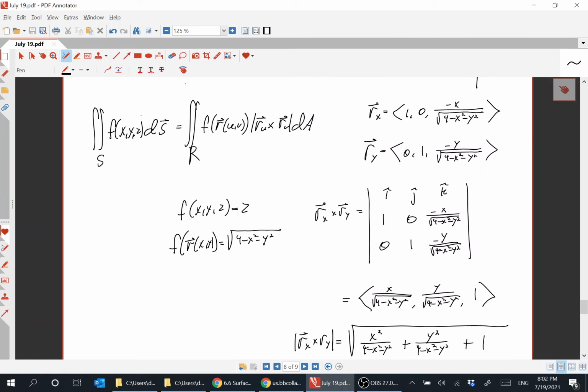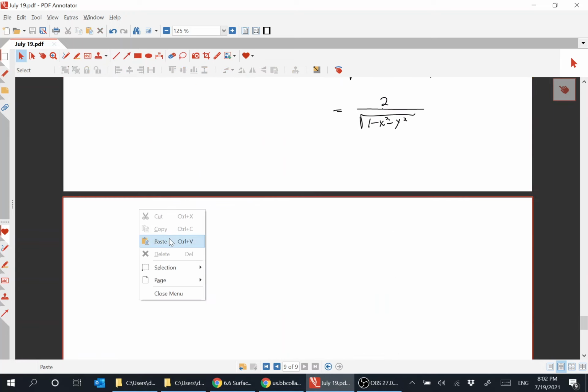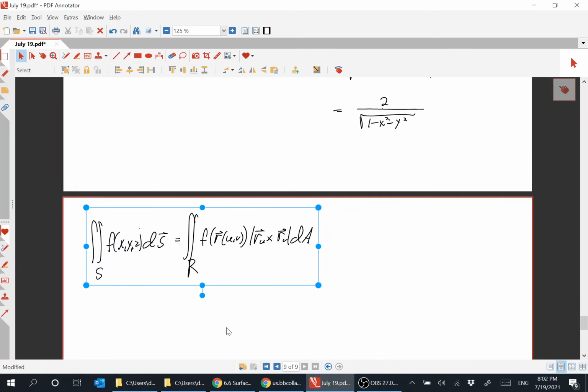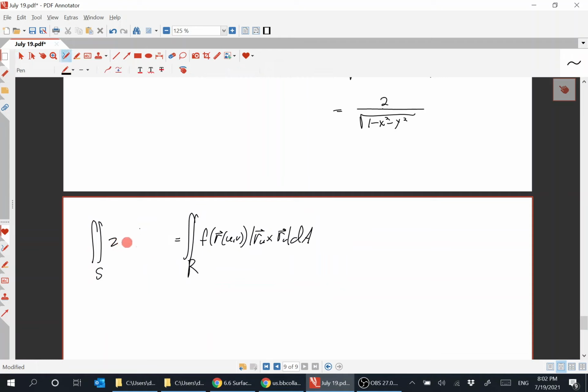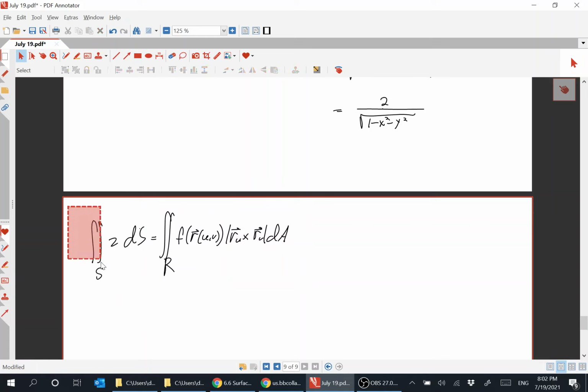So we've got everything we need now, right? So the scalar surface integral of z dS is the double integral. Surface integral we write using the double integration symbol because a surface is a two-dimensional domain.